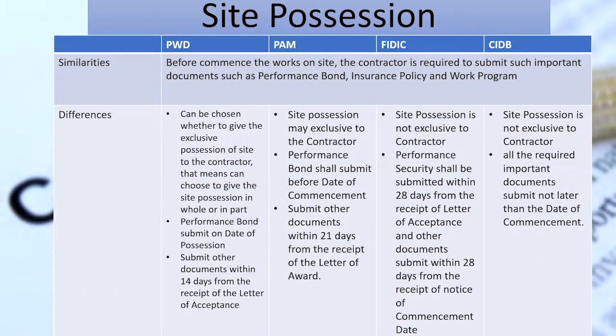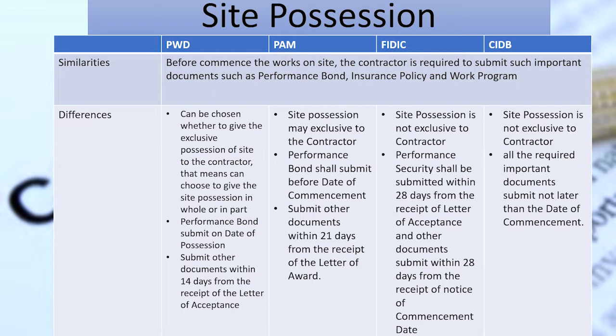The first issue for the comparative studies is site possession. The similarity for these contracts is that the contractor is required to submit important documents such as performance bond, insurance policy, and work program before commencing the work on the site.